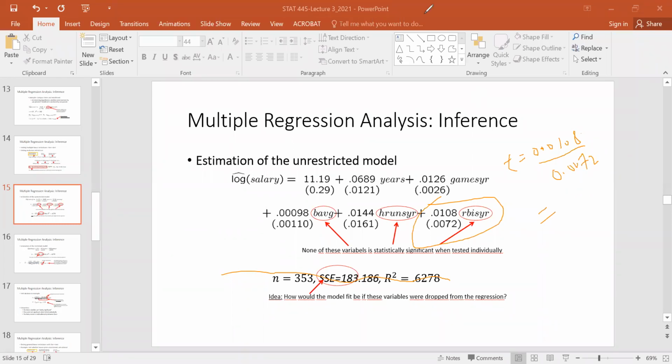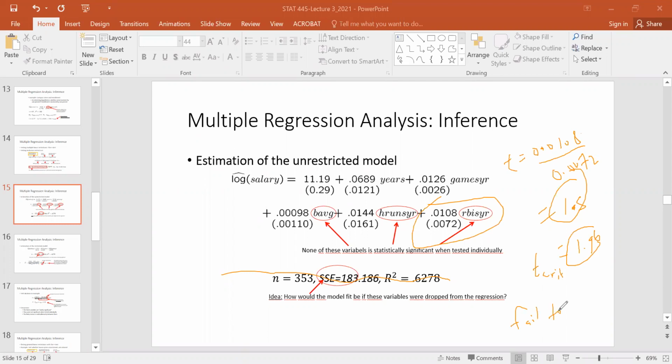I'm just checking one of them. This is my T calculated, 1.5. Remember, T critical, when you read from the table at 5%, will be 1.96. So T calculated is less than T critical, so you fail to reject H0.